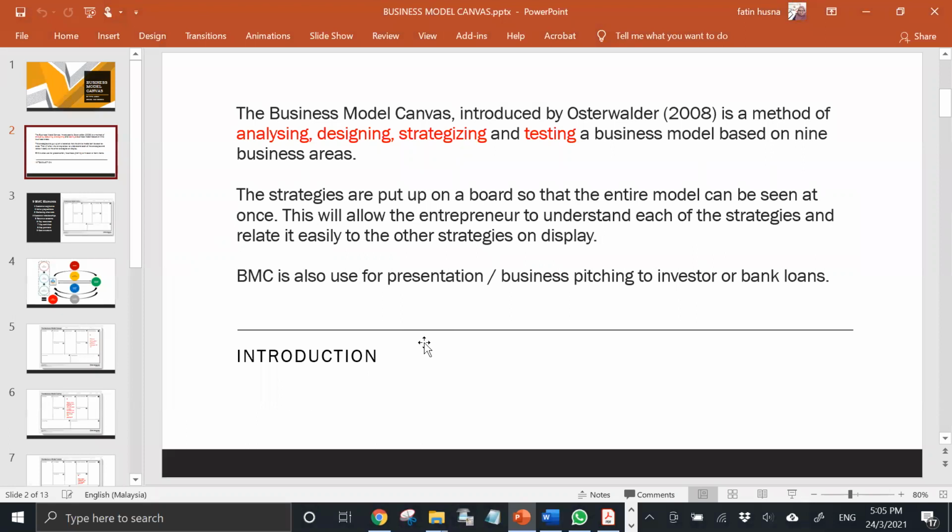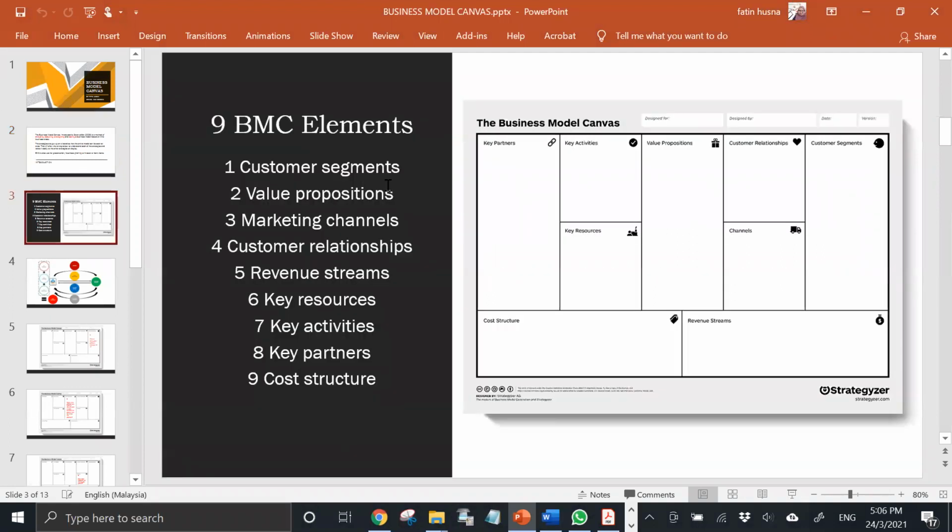This BMC will allow entrepreneurs to understand each strategy in relation to the other strategies. Meaning that if you want to change something here, for example, there are nine elements. If you change the customer segment, of course, the other elements will change as well. It's quite nice to see what is going to change when you change something from, for example, customer segment or key activities.